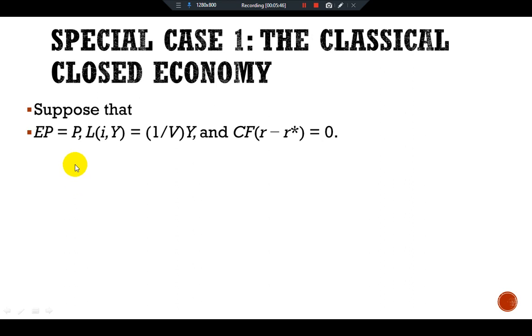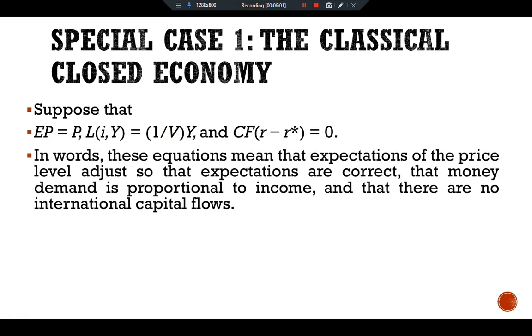Special case 1, the classical closed economy. Suppose that EP = P, L(i, Y) = Y/V, and CF = r - r* = 0. In other words, these equations mean that expectations of the price level adjust so that expectations are correct, that money demand is proportional to income, and that there are no international capital flows.